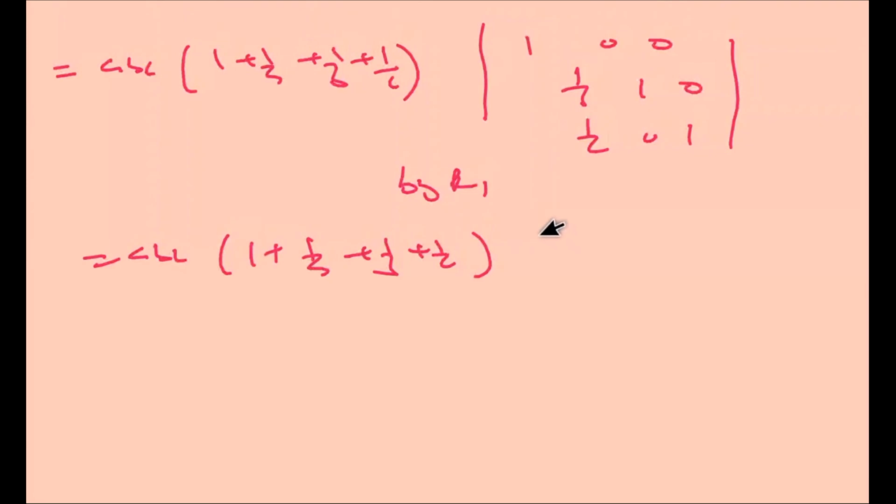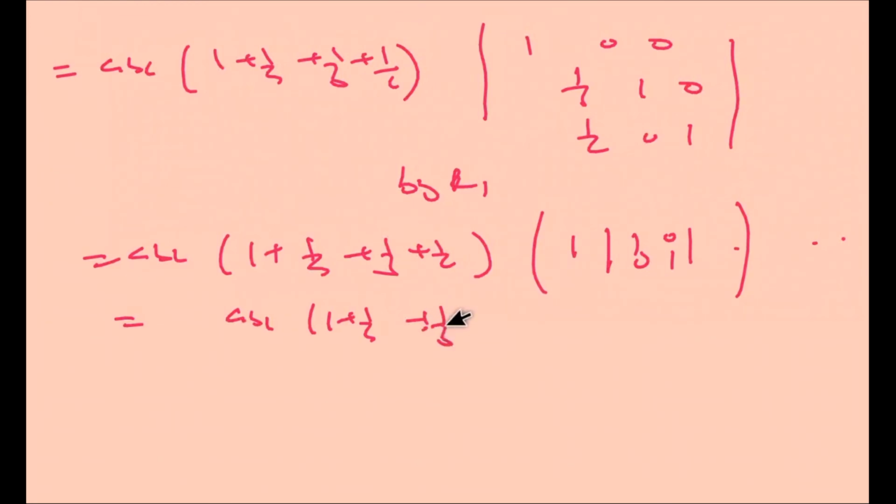From R1 we expand with 1 and the minor 1 0, 0 1; the other entries are 0, so we don't write those terms, since 0 multiplied gives 0. Evaluating 1 into 1 minus 0 into 0, that is equal to 1.